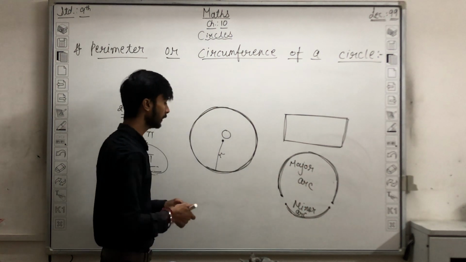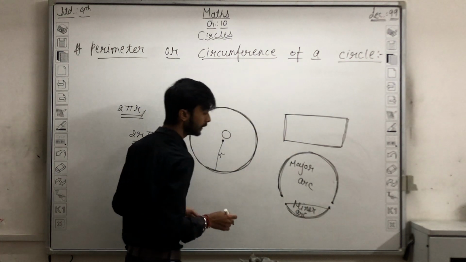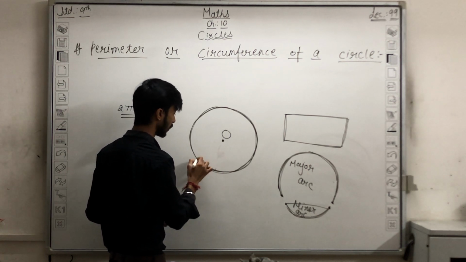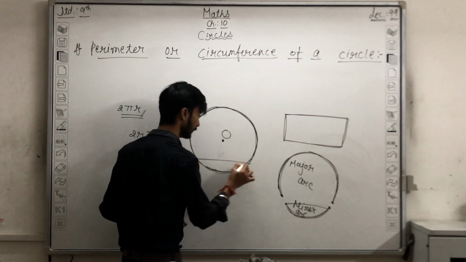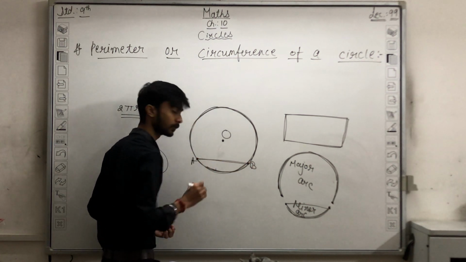And suppose a chord divides them. Suppose in a circle a chord AB divides the circle in two arcs also.